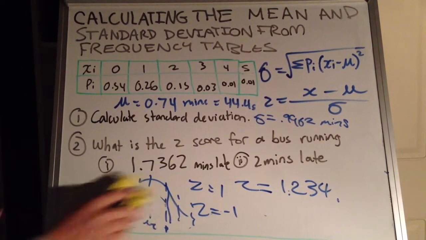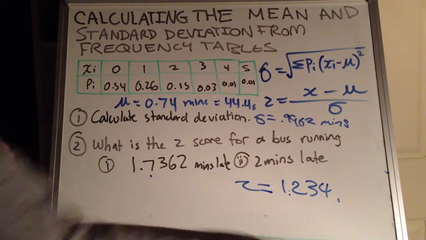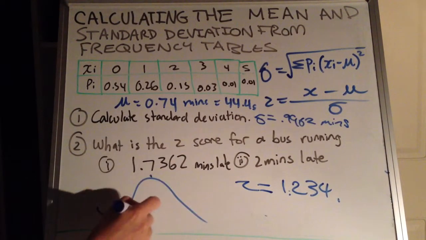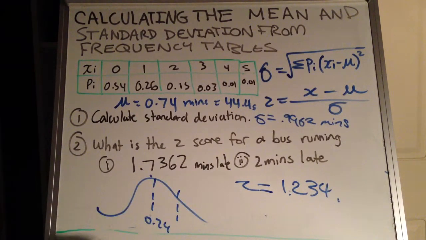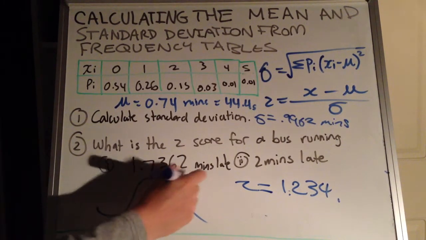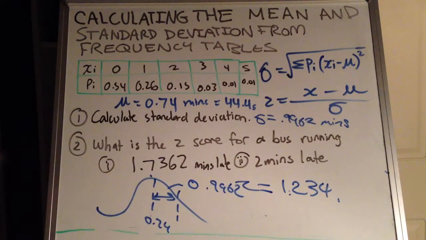So we know that the mean is, of course, as I said before, 0.74 minutes late. And we know that 1 standard deviation is going to be a difference of 0.9962. We can add those two numbers to work out how many minutes late a bus is if it's 1 standard deviation from the mean.